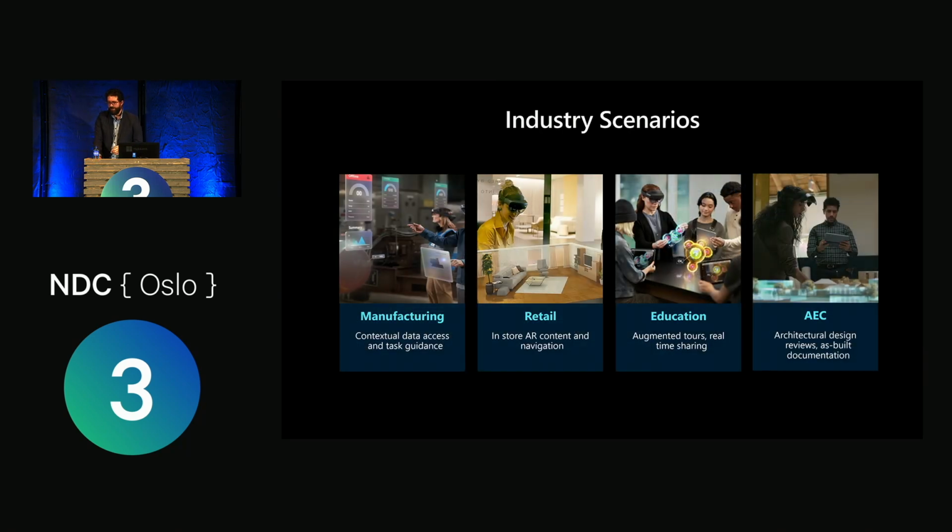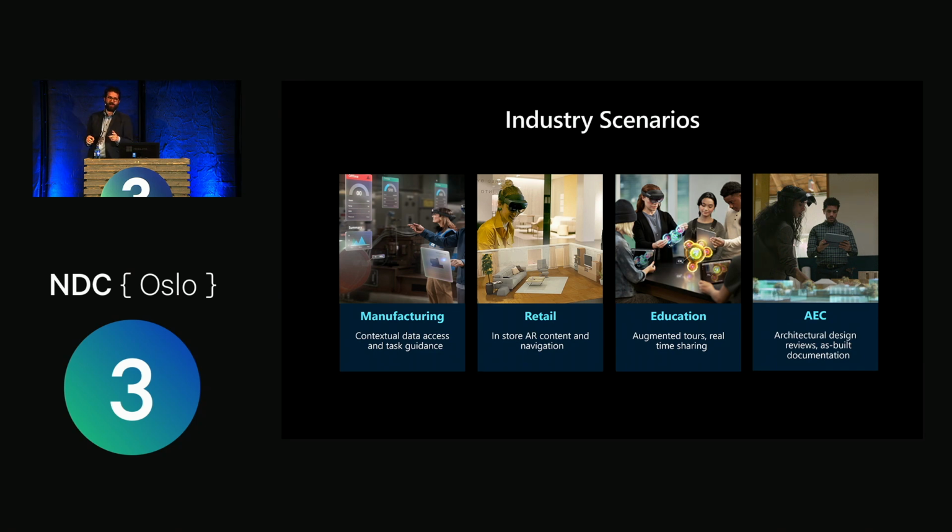And that's relevant to a lot of industries. It's relevant to manufacturing because you can add, say, IoT information in the right location. You can leave task lists or relevant information attached to machinery. It's useful for retail because you can use indoor navigation to guide people through the store. You can have a collaboration with a customer about some product customization using different devices.